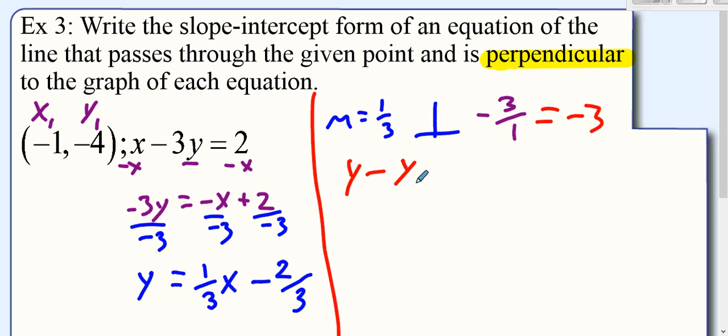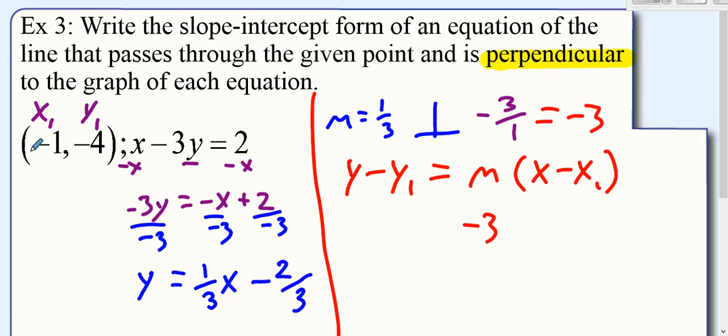So we're going to take that into point-slope form. We know the slope is going to be negative 3, and then we know our x1, y1 from over here. So that's y minus negative 4, x minus negative 1.